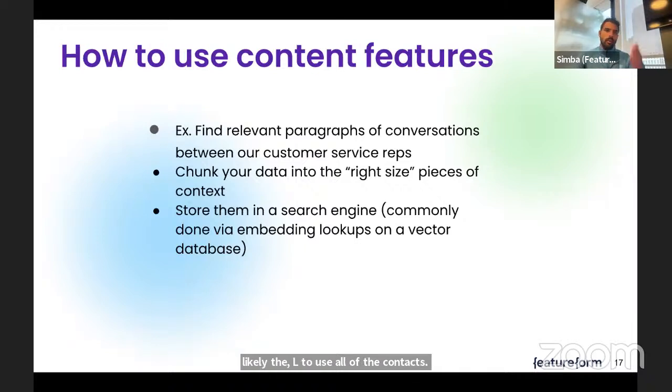And in general, there's a hard limit of how big it gets. So you want to make sure that you feed the right amount of data. You don't want to overfeed data to where it starts to pay attention to things that aren't relevant or ignores the pieces that are relevant. So you want to chunk the data into the right size pieces.